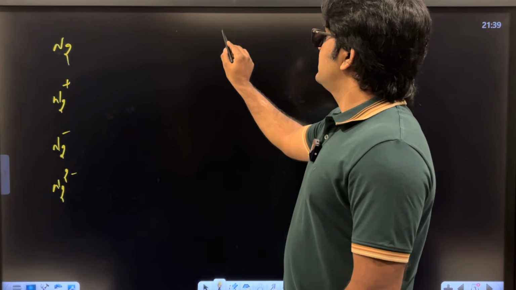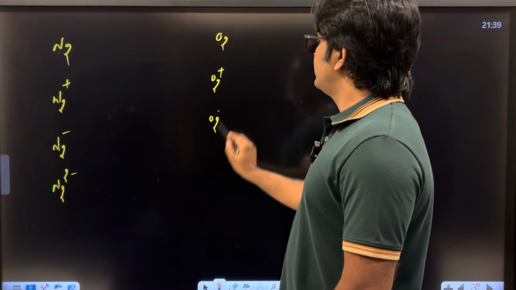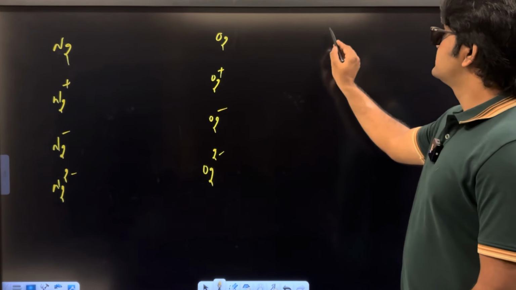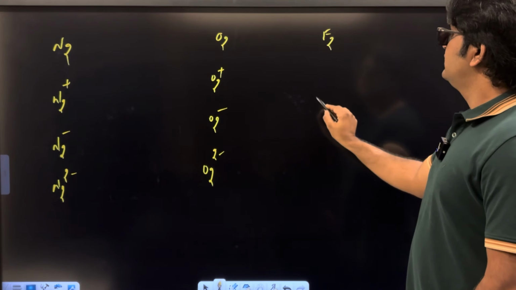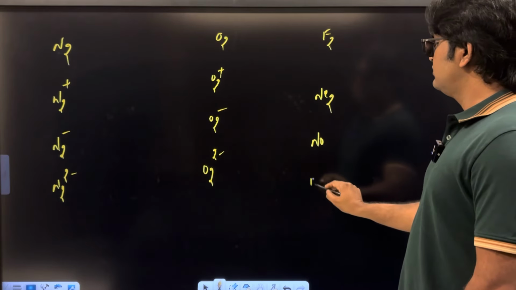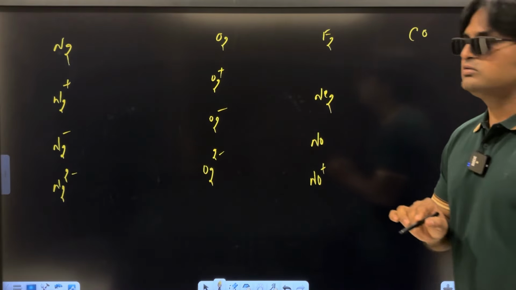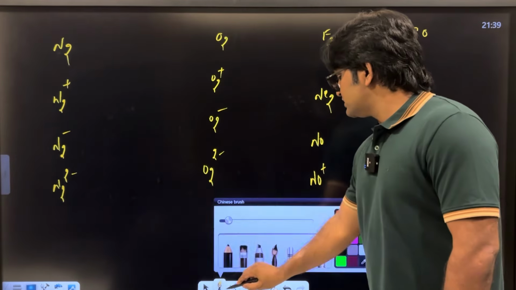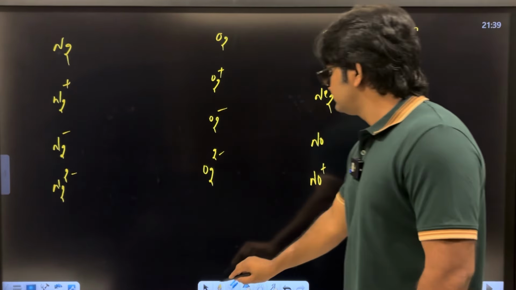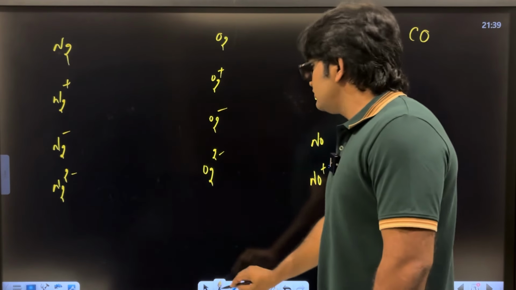After nitrogen I am taking oxygen: O2, O2 plus, O2 minus, O2 2 minus. Oxygen. Next one, F2, Ne2. Next I am taking NO and NO plus, and even we can take CO, right? Carbon and oxygen, equal size. Yeah, carbon monoxide.